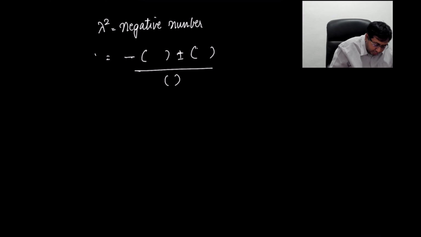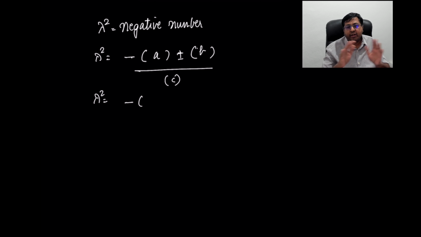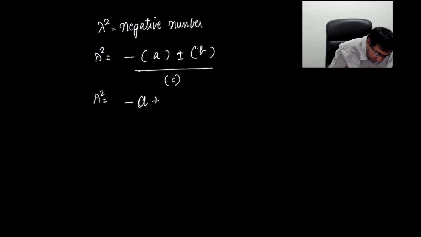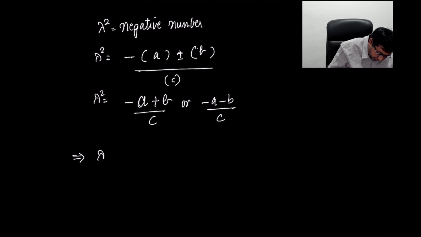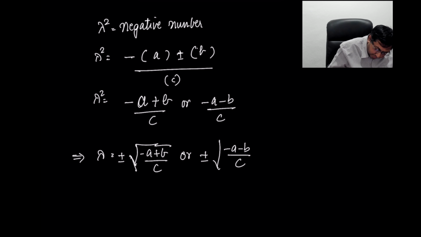Let me call these a, b and c, just without loss of generality. They don't correspond to the same a, b, c we were talking about earlier, but just some a, b, c. Lambda square can be minus a plus b by c, or it can be minus a minus b by c. So that means lambda can be plus or minus square root of minus a plus b by c, or plus or minus square root of minus a minus b by c.